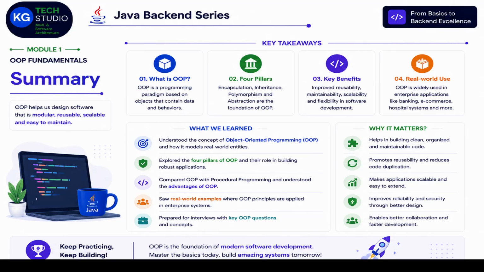And then we also saw some real world examples, like your banking use case, e-commerce use case, hospital systems, right? How we can consider the different objects with different attributes and different behaviors, and how we can create a software flow within that domain, right?